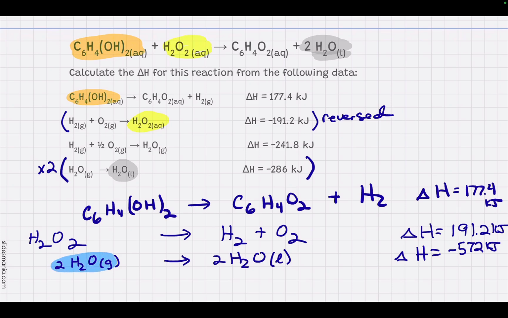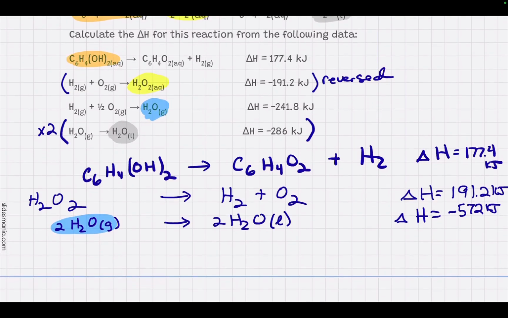I need that to cancel. So because of that, I'm going to look at this reaction now. And normally we want it to be on the same side, but this one we're trying to cancel. So we are going to reverse it and multiply it by 2.